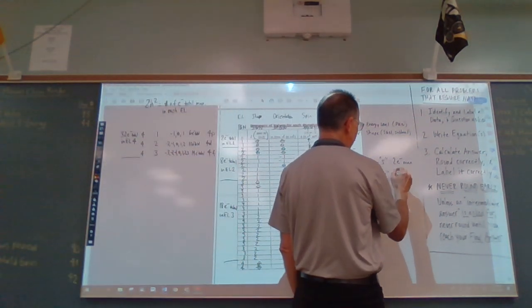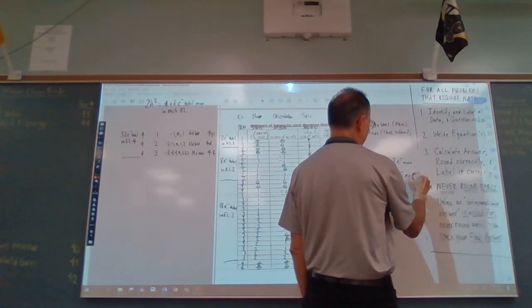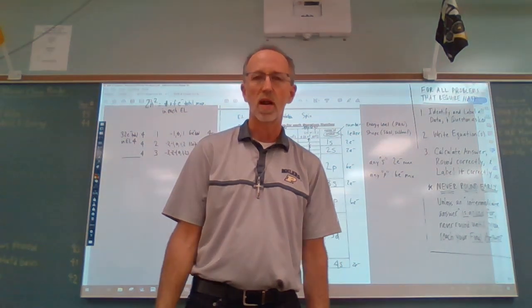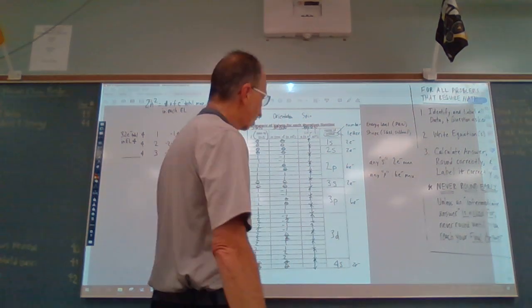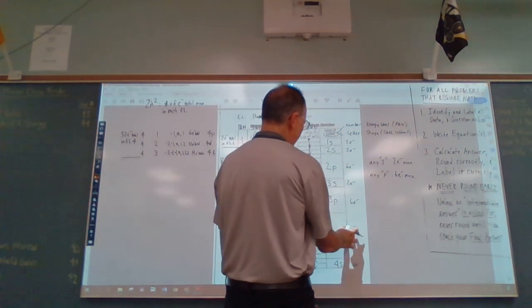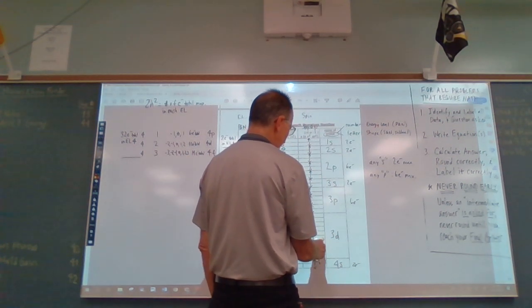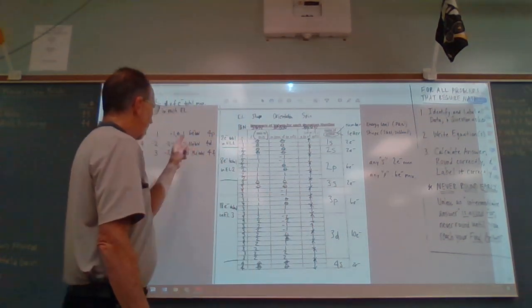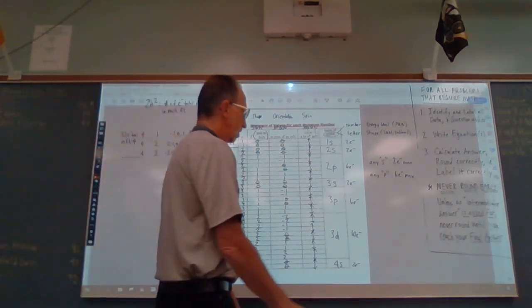Any p holds up to 6 electrons maximum. That's it. Why? Because that's the values that the quantum numbers will allow. All right? Here we have 3d. 1, 2, 3, 4, 5, 6, 7, 8, 9, 10 electrons in the 3d. 10 electrons in the 4d. All right?